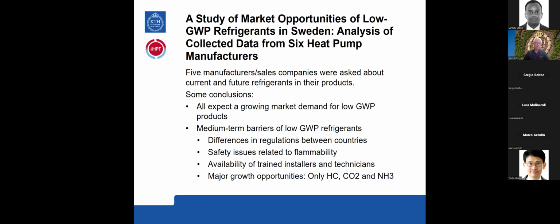Safety issues related to flammability is another. Availability of trained installers and technicians is the third. When we asked about major growth opportunities, the responses were only hydrocarbons, carbon dioxide, and ammonia. So no other fluids are expected to grow, asking these manufacturers.